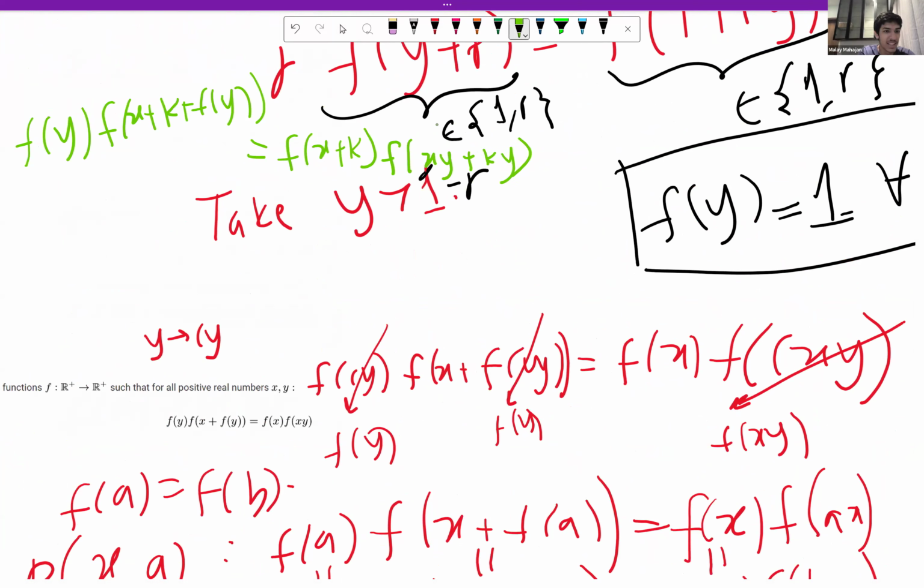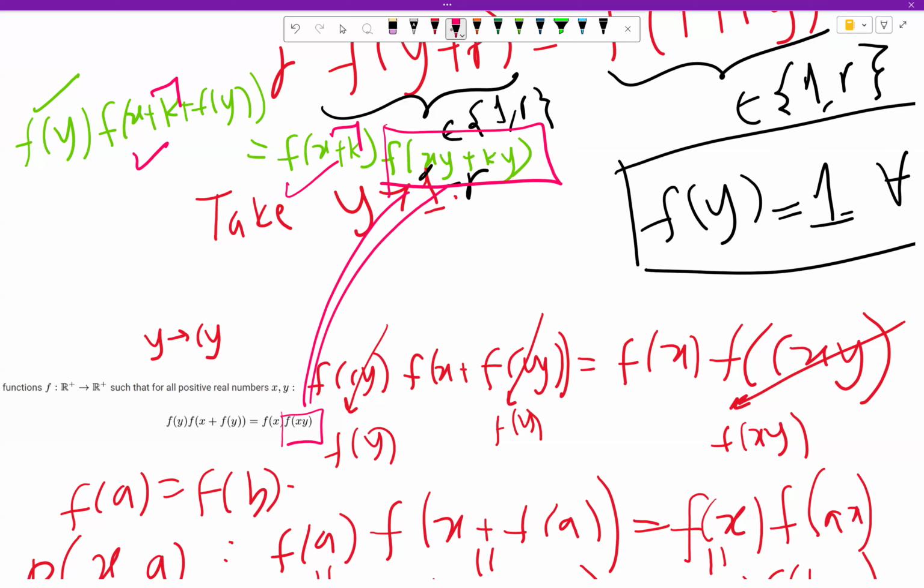Sorry for the mess, but this term has remained the same. From this term, you can remove this plus k, so it remains the same. So this is the only term that changes, so it must be equal to this term. Yes, we are using y to get all the values.